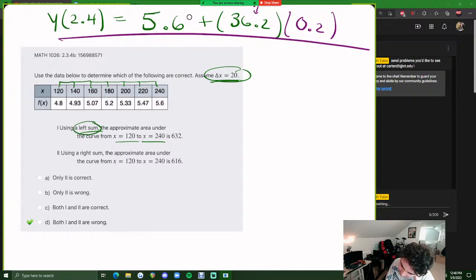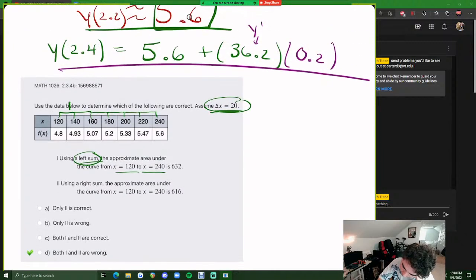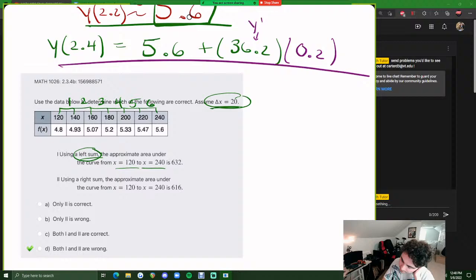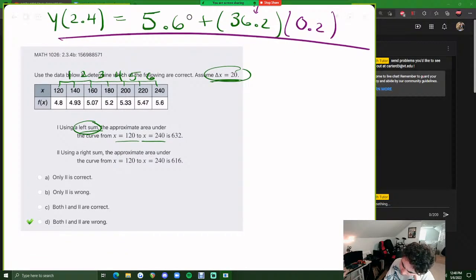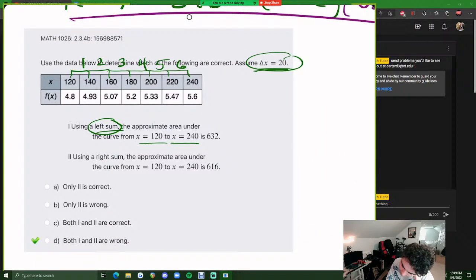When using a left sum, if we know we have 6 rectangles, 1, 2, 3, 4, 5, 6, the height of each of the rectangles will come from the leftmost values, or the left sides of these rectangles. So what I mean is the left side of the first rectangle has a height of 4.8. The left side of the second rectangle is 4.93, and so on.